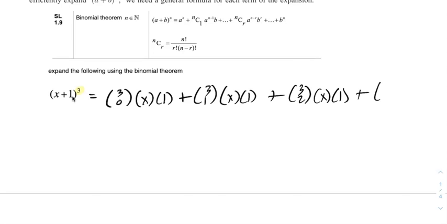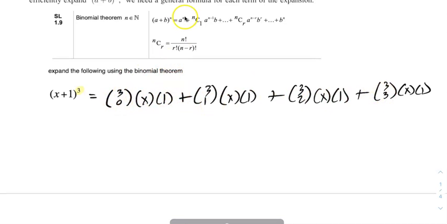And then we keep going until they match: 3 over 3, x, 1. So like that. Our n is 3, so it's 3C1, 3C2, 3C3. That's all you do. Whatever power it is, 3, you put that power over 0 and keep going till they match.